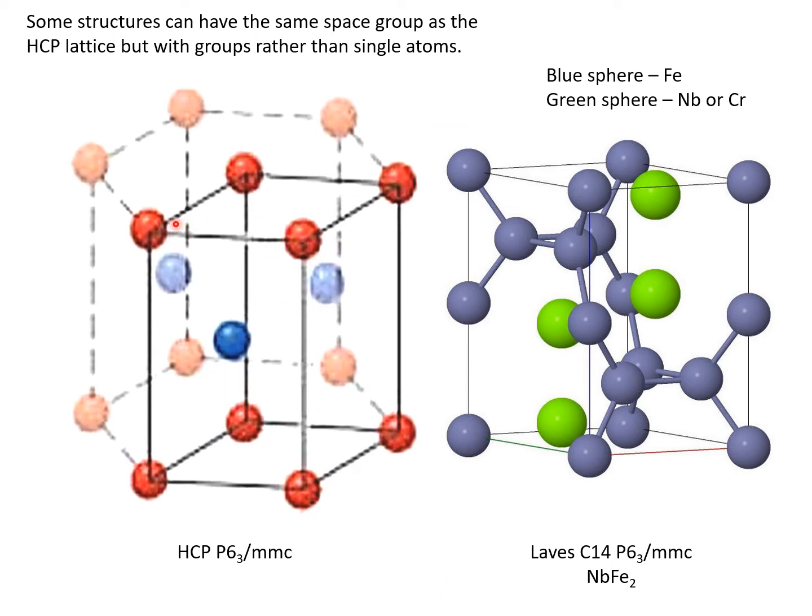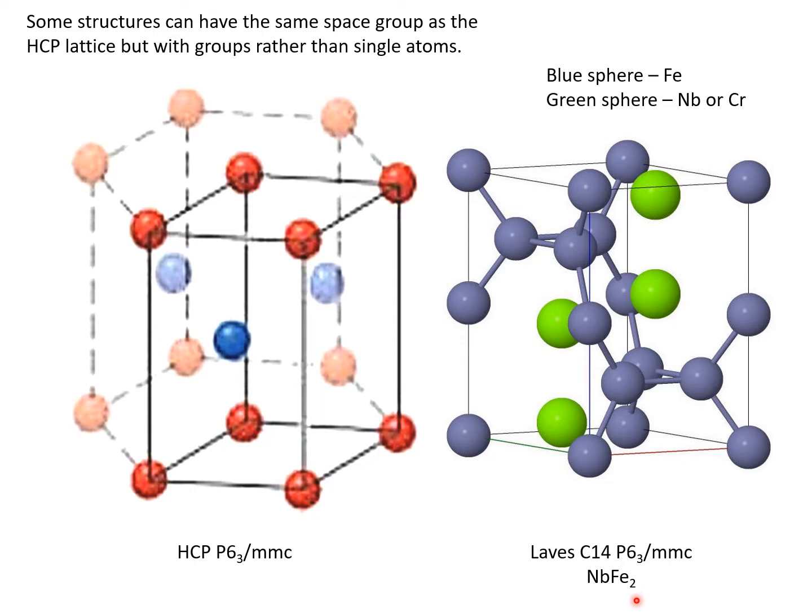I mentioned before that this rhombohedral unit cell is really a third of the hexagonal arrangement. And this is the case for a pure material, pure zirconium or magnesium or something like that. But we also get this P63/MMC notation cropping up when you have intermetallic particles.